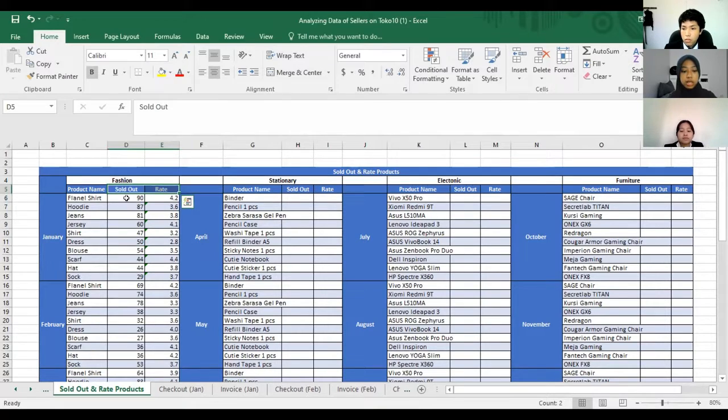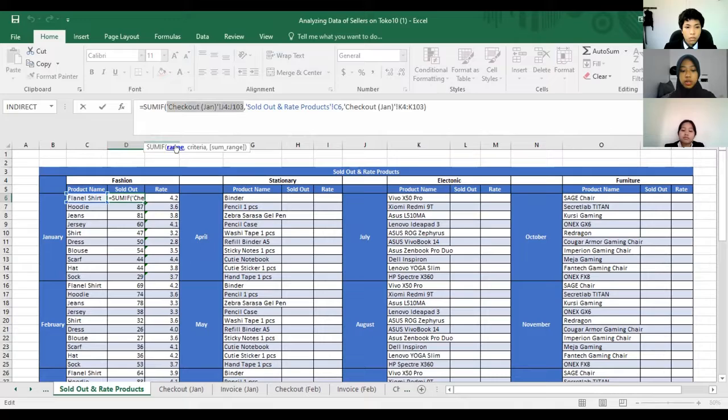For each sold out section using the SUMIF formula, the range refers to the checkout January worksheet from the product name column. The criteria refers to C6, which is product name, and the sum range refers to the checkout January 2 from the quantities column. And each red section is using the AVERAGEIF formula.